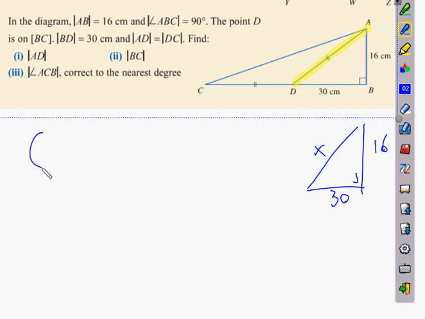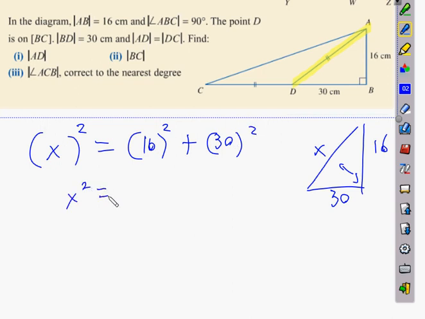So, which one comes first? 30 or X. X, because it's opposite the 90 degree angle. 16 squared plus 30 squared, x squared equals. Should not be 30 squared plus 16 squared? Same thing. So it's 900 plus 256, and x squared equals 1156.